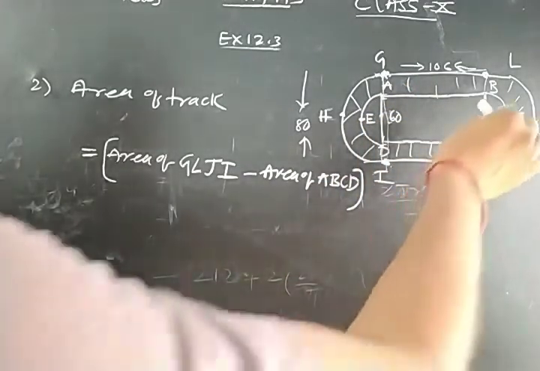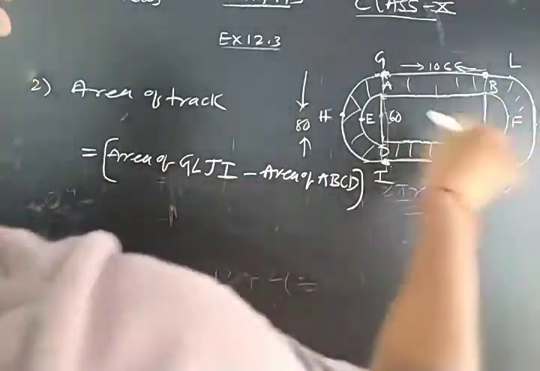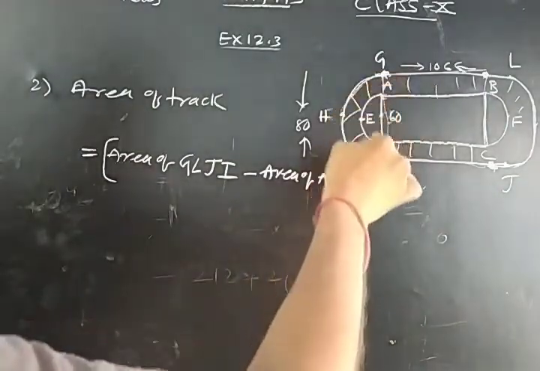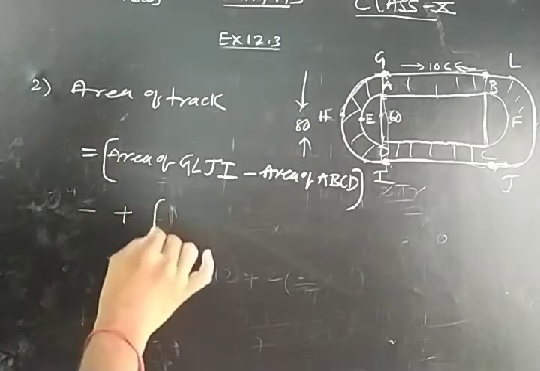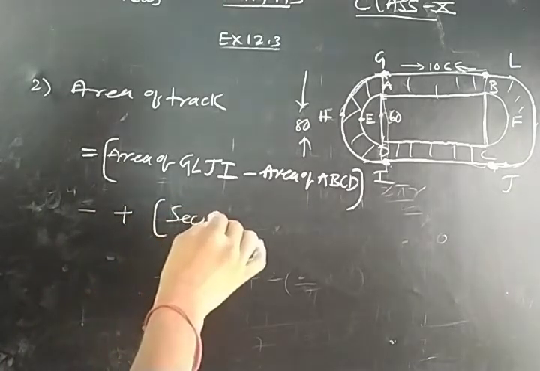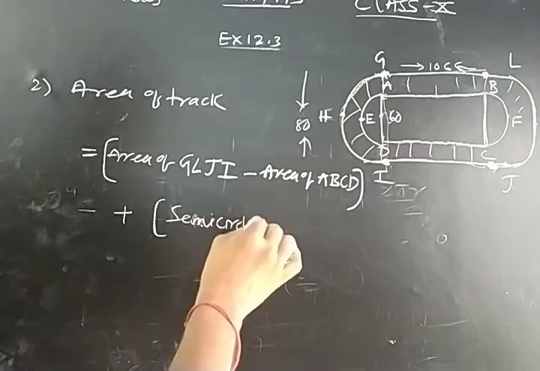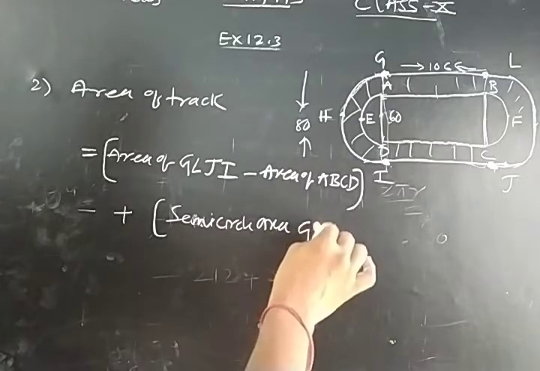Next, here this is a semicircle and this is a semicircle, right? From the semicircle area GHI, plus semicircle area GHI.